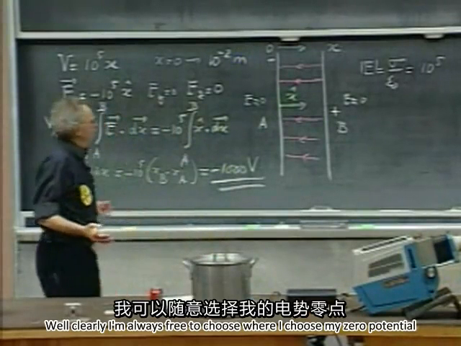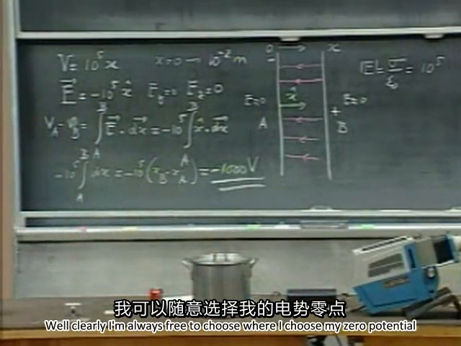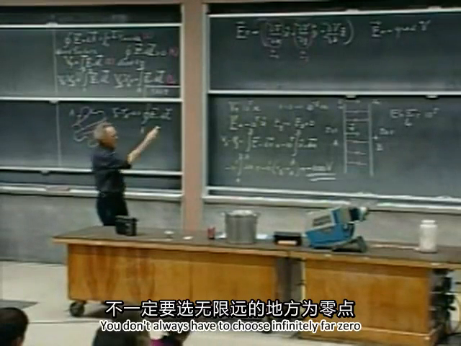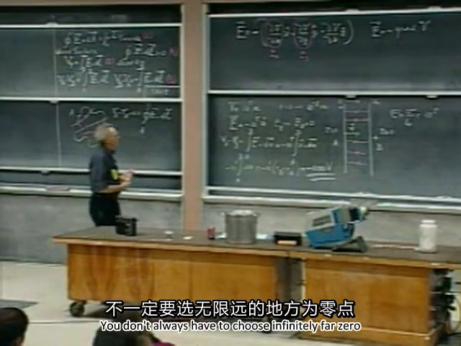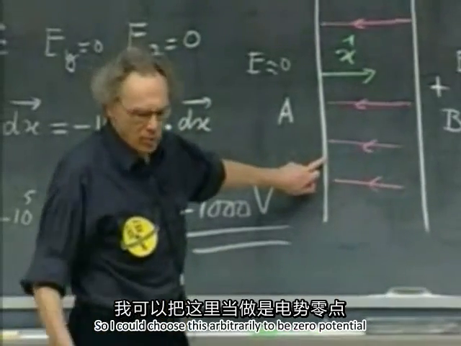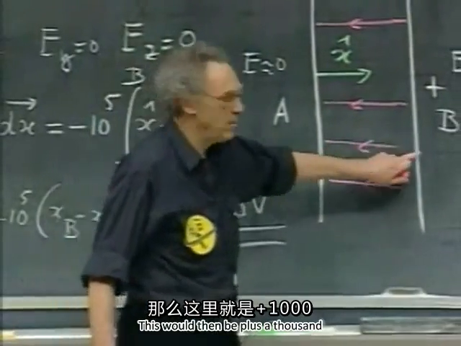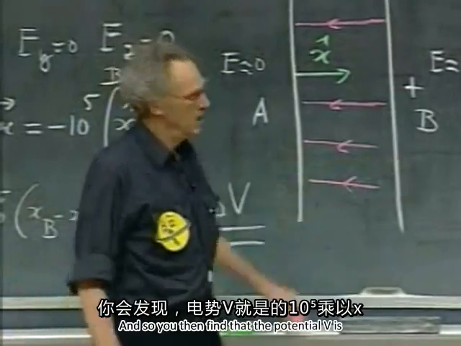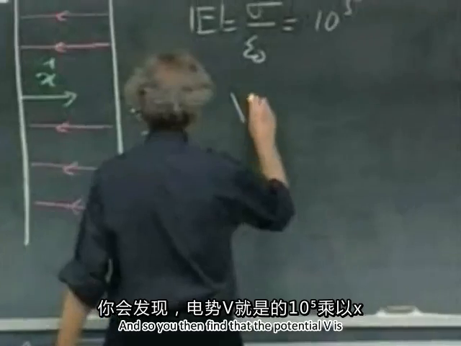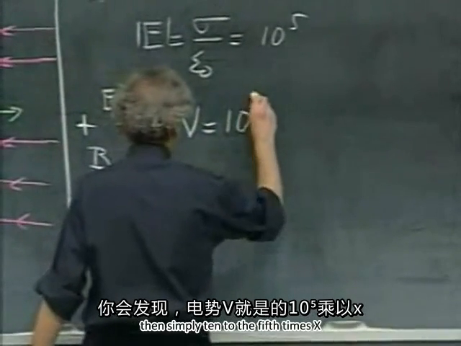Now, clearly, I'm always free to choose where I choose my zero potential. We discussed that last time. You don't always have to choose infinitely far as zero. So I could choose this arbitrarily to be zero potential. This would then be plus 1,000. And so you then find that the potential V is simply 10 to the 5th times x.